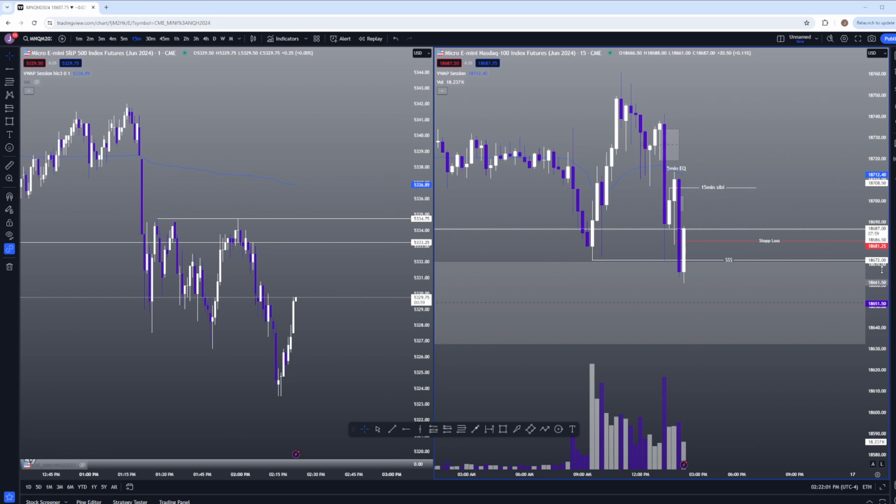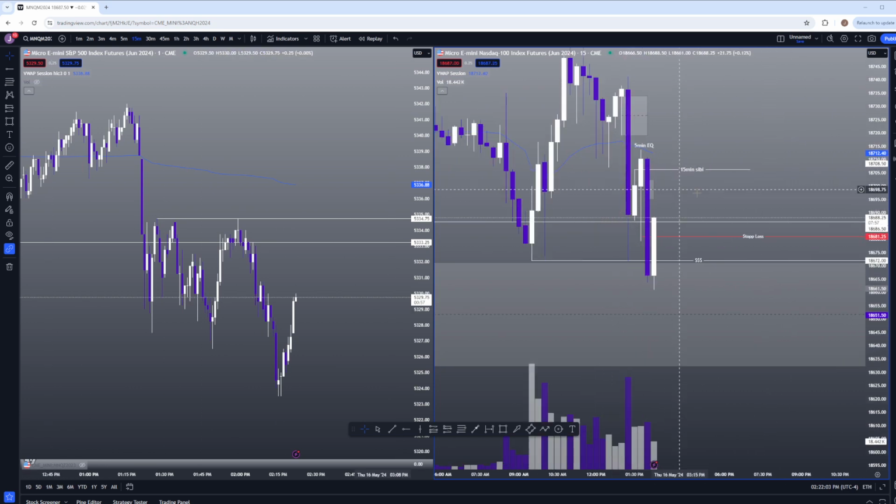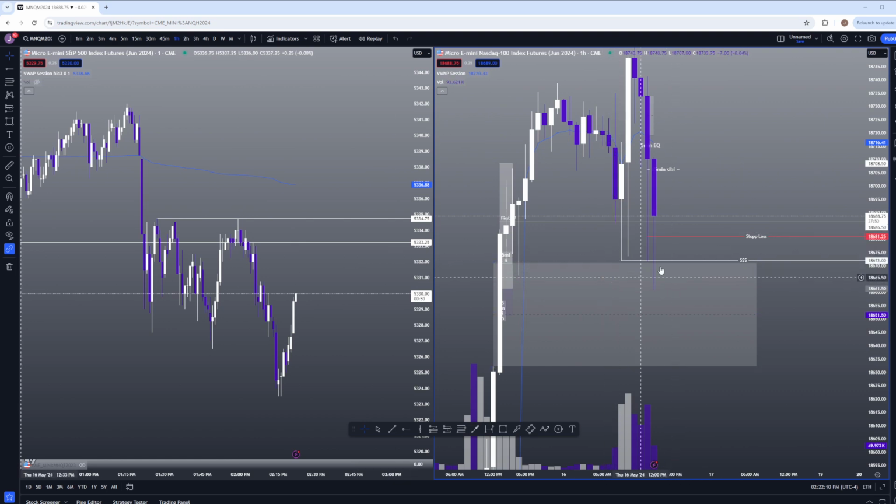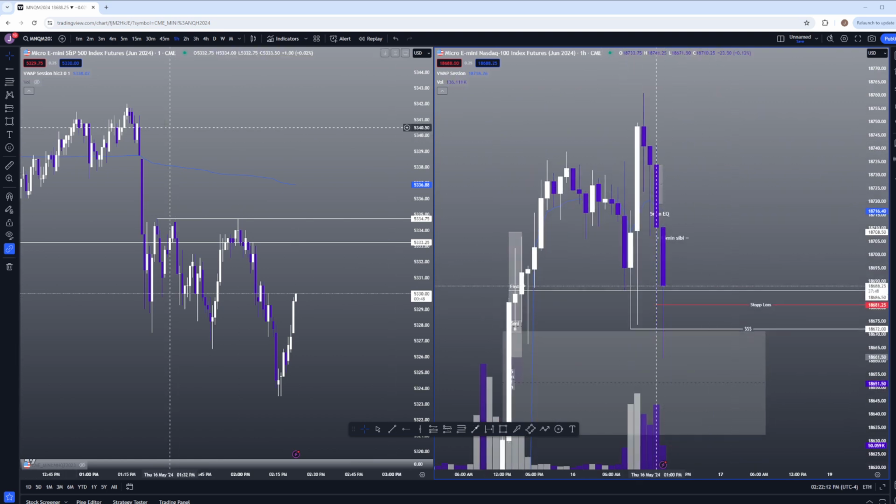Just that 15-minute displacement that's kind of keeping me from wanting to long this just yet. But seeing that hourly time frame, that looks like a real liquidity grab, like we're going to try to go target some buy side.